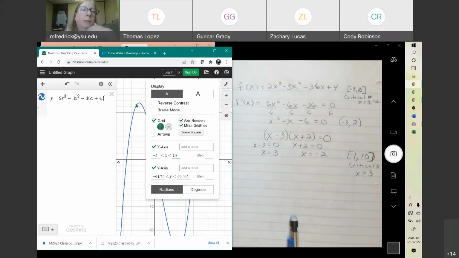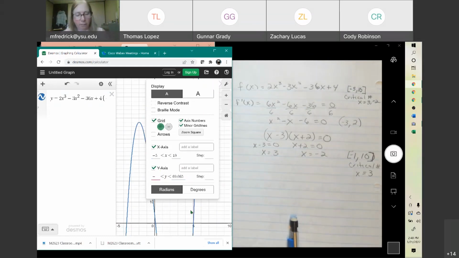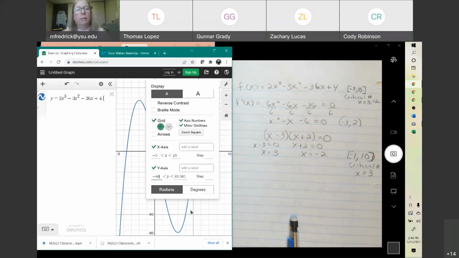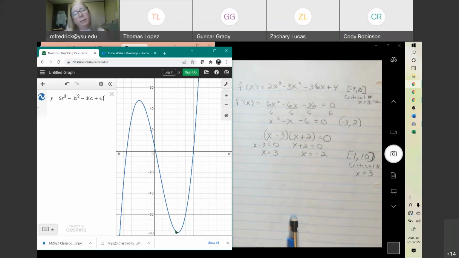Now I have this one, so this is good, but I'm going to change this one. No, that one's good. It's this one to -80. I think that'll get it. That way then I can see my low and my high all at once.